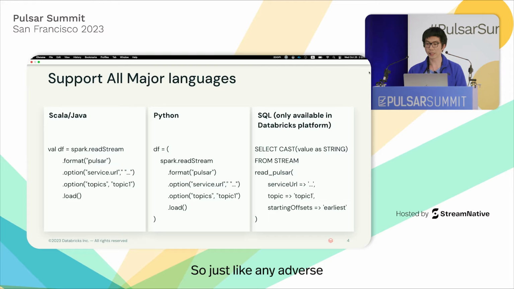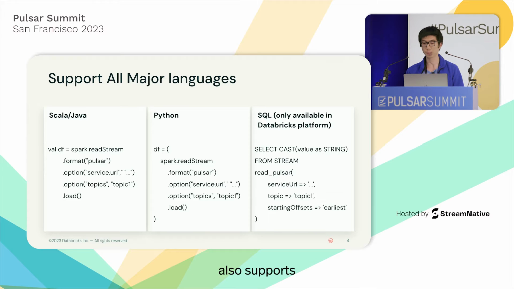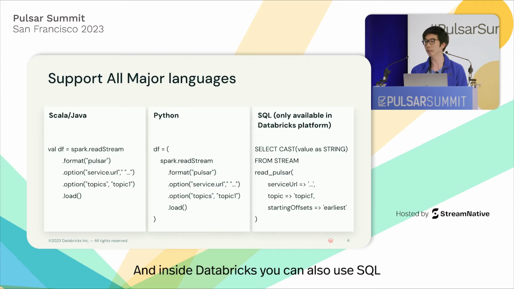Just like any other Spark data source, the Pulsar connector also supports all the major languages. It includes Scala, Java, Python, and inside Databricks, you can also use SQL to declare and build your pipeline. The usage is really quite simple.